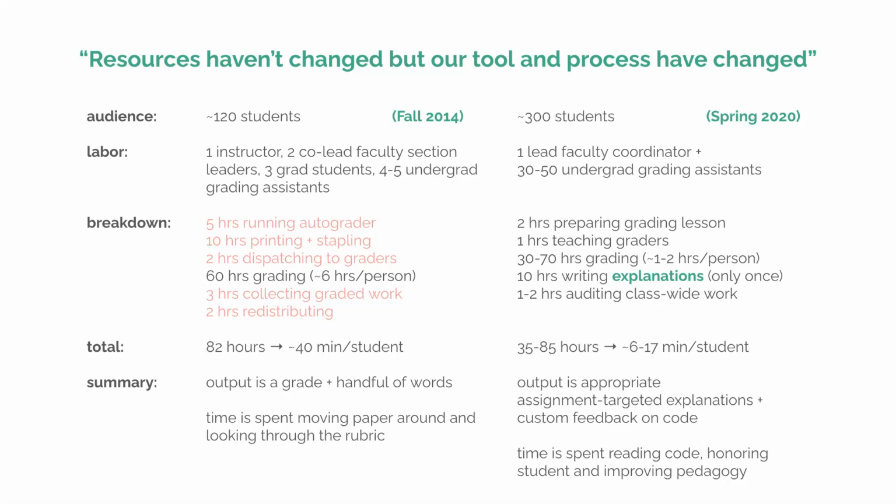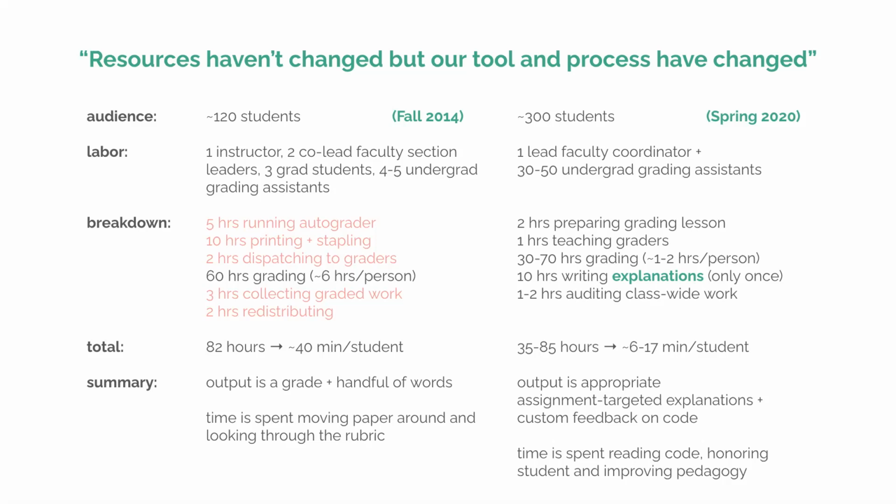So with just 1 lead faculty coordinator, that's me, and 30 to 50 undergraduate grading assistants, this is how we spend our time. So we spend the same amount of time, 30 to 70 hours overall on grading in the course, because these are undergrads. They cost less to the university than grad students or faculty people grading work. But we're able to spend more time grading.